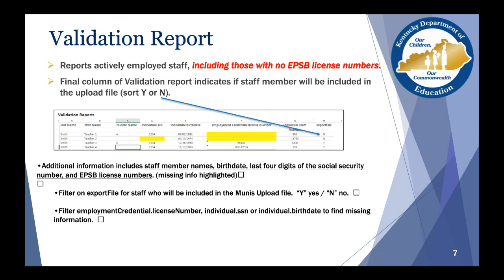And you can actually sort through any of those columns. It's an Excel document. The report actually highlights in yellow any area that information is missing from. So you can then go back and sort and enter that information so that your validation report is as accurate as possible, which will mean your Munis upload file is as accurate as possible.